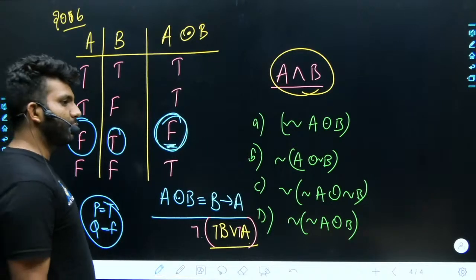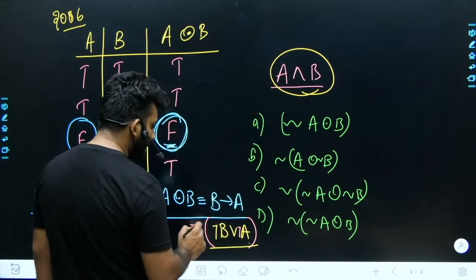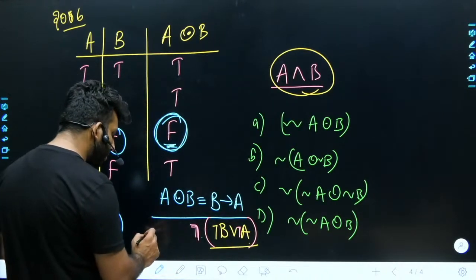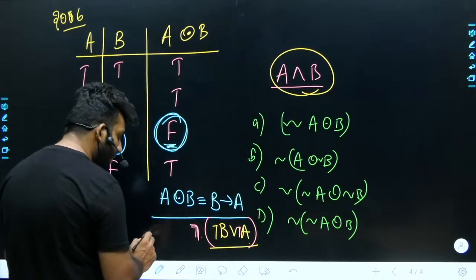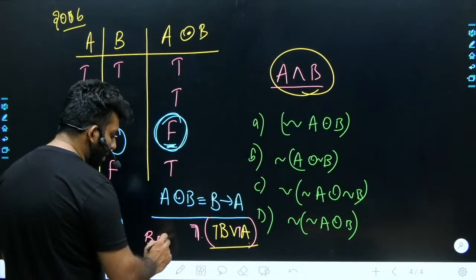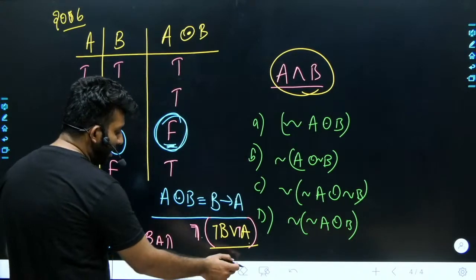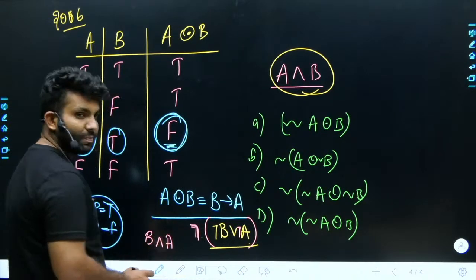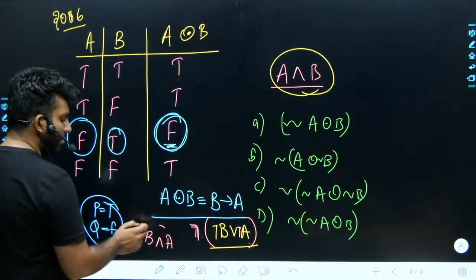Just have a look at it. It will be converted, by De Morgan's law, into B and A. B and A will get created.